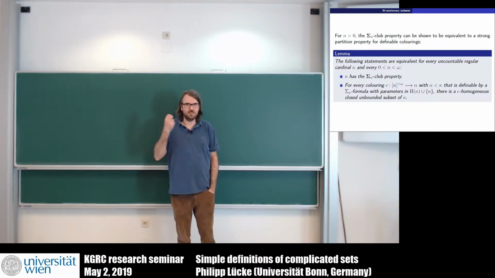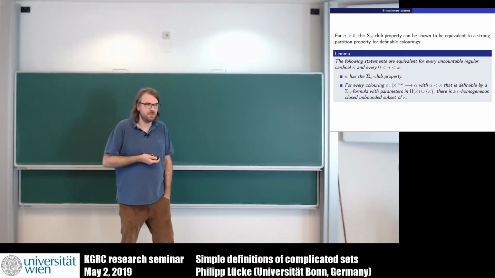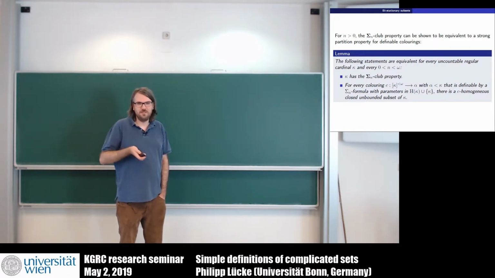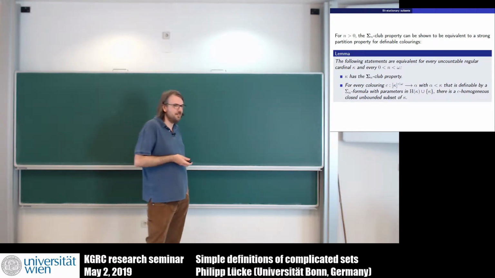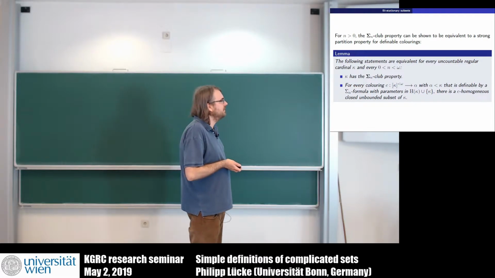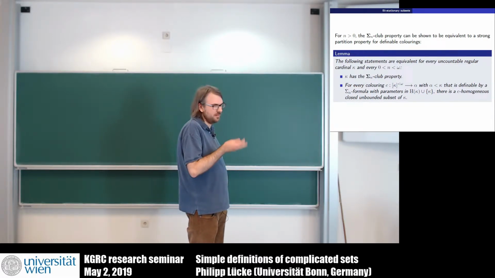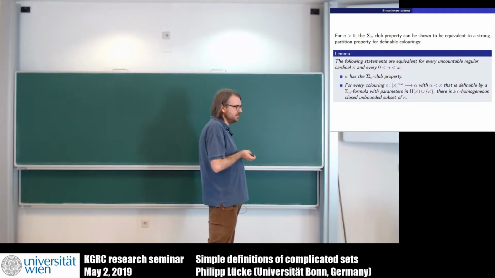So this is a very strong partition property. I mean, nothing you will get for arbitrary colorings, right? So you won't get homogeneous sets that are club, even if the cardinal itself is a large cardinal.